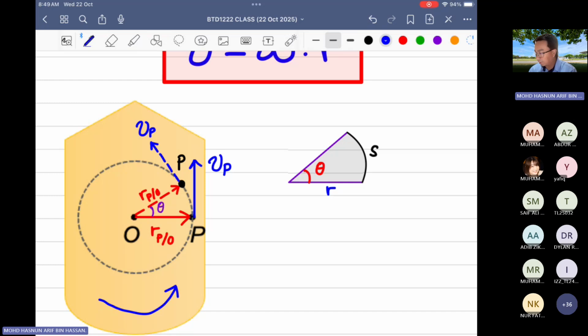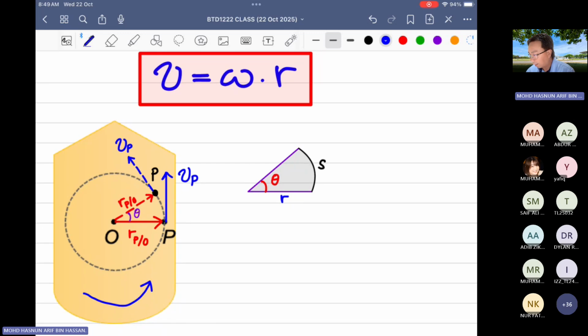Imagine that this is a circle, and you take a part of the circle, like a slice of pizza, and you want to calculate the value of S. The equation is S equals R times theta.